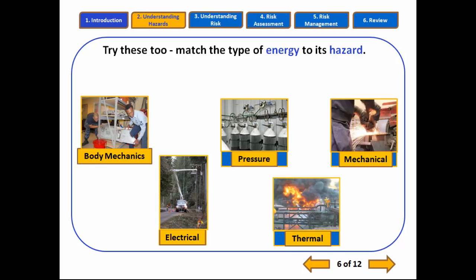We have fires, which, in addition to the radiant energy we discussed in the previous example, also have thermal energy associated with them. We have moving pieces of machinery, where that kinetic energy of motion can be a hazard.